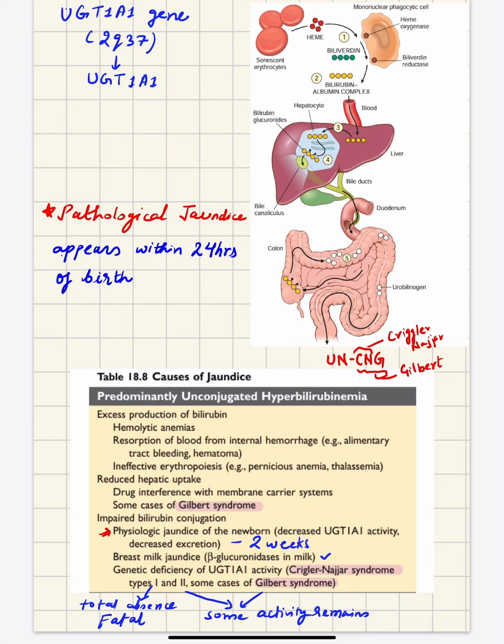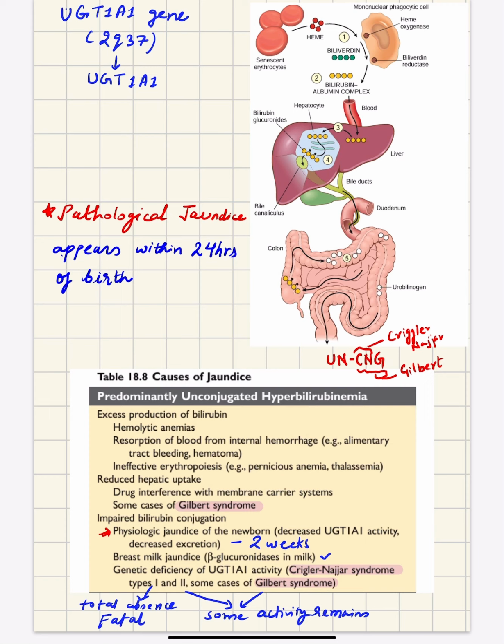So, if the child is being breastfed, then there are further more chances of him or her developing the physiological jaundice of the newborn. So, these are the two aspects of development of physiological jaundice of the newborn.